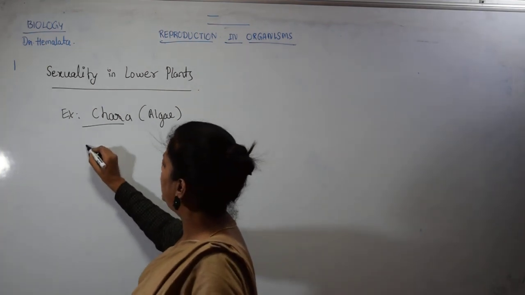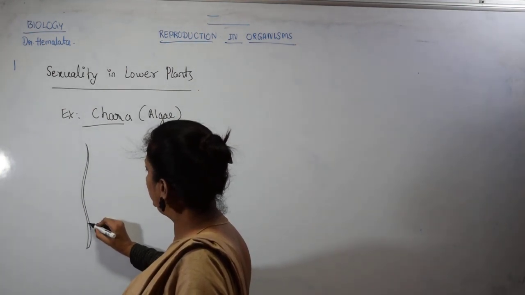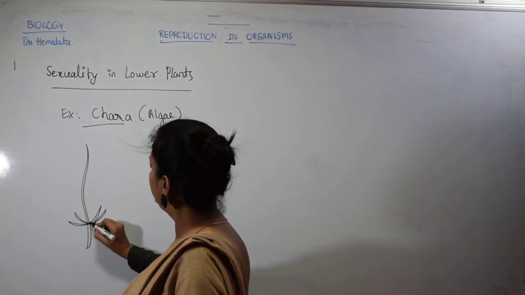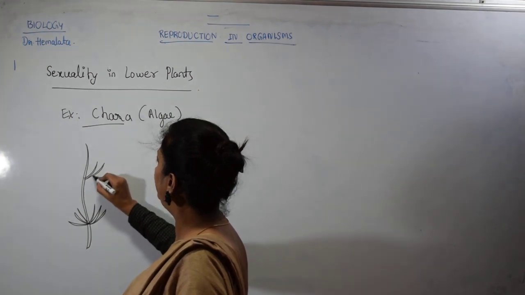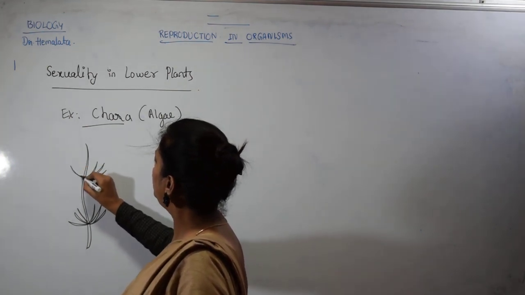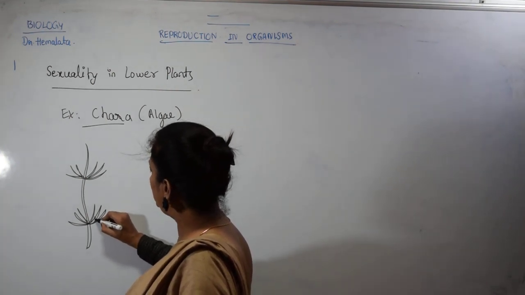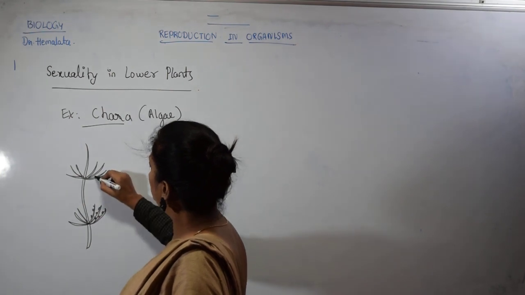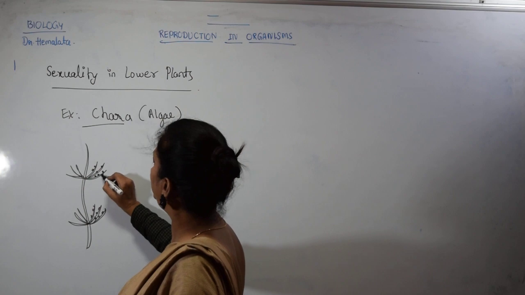The plant grows in water with structures like this, and they possess male and female sex organs. In general, if you see this plant, you can't see them, you just see dot structures on it, so to understand what they are, you have to take portions and enlarge them.